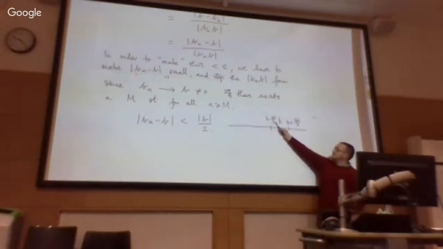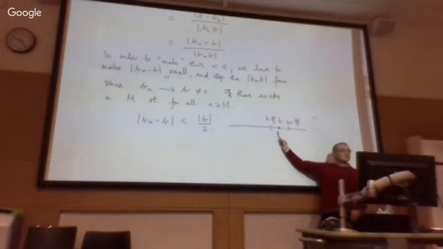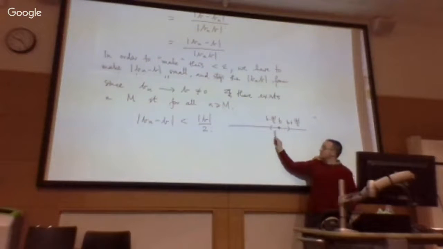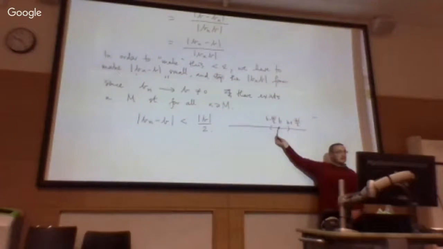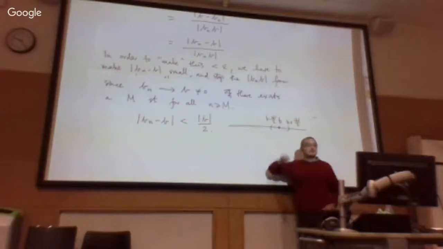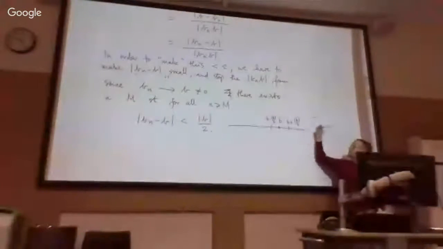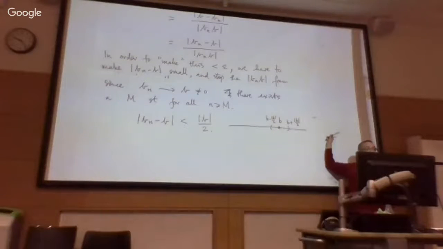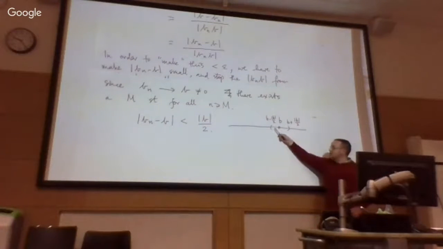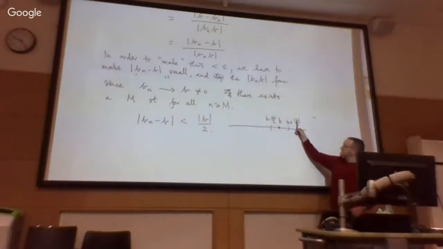Because I've chosen the size of this interval to be radius half of the size of B. So wherever 0 is, it's either out here to the left if B is a positive number, or over here on the right if B is a negative number. But the point is, I know 0 is not in that interval, because the size of that interval is chosen carefully to be the absolute value of B over 2.